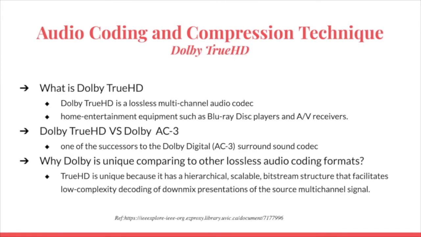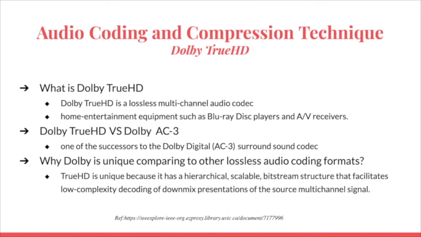After talking about Dolby AC3, now we're going to talk about Dolby TrueHD. First of all, what is Dolby TrueHD? Dolby TrueHD is a lossless multi-channel audio codec which is mainly used in home entertainment equipment such as Blu-ray disc players and AV receivers.